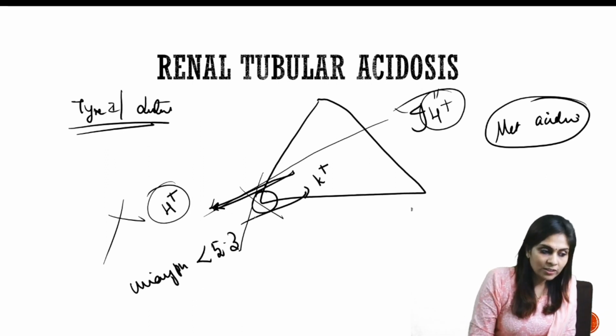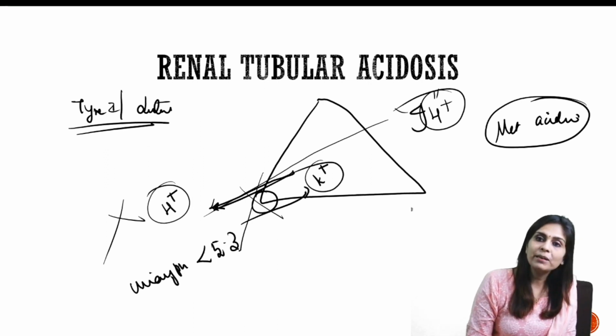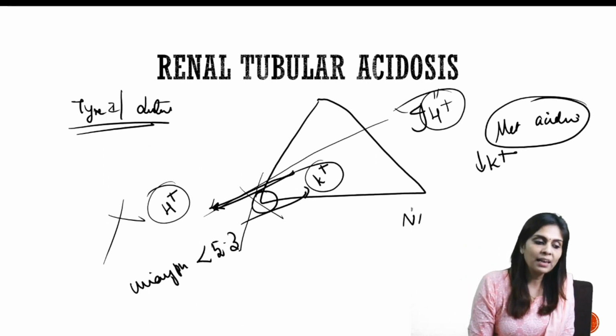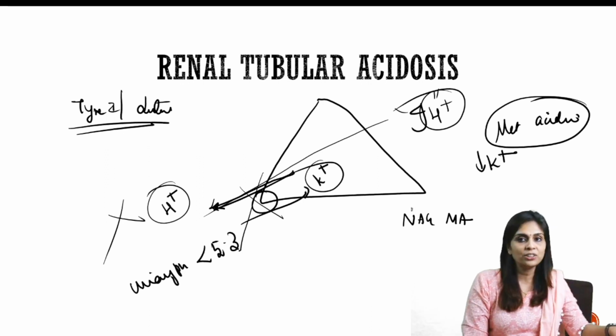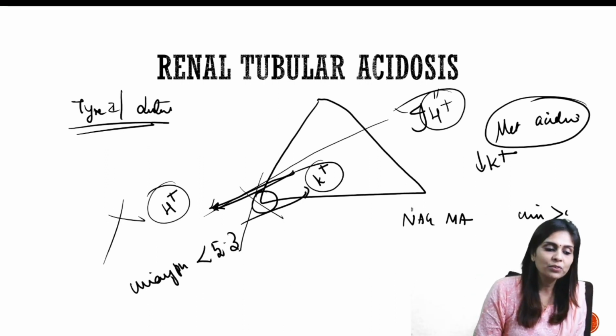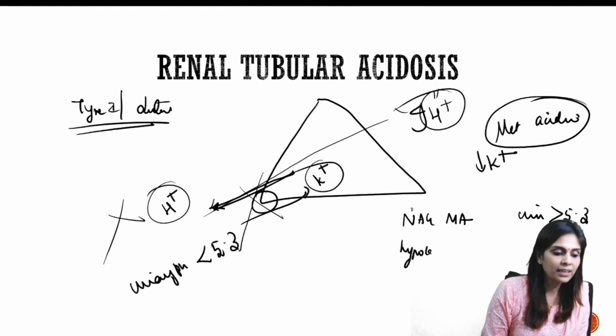Okay, and also because there is a defect in the reclamation of potassium, potassium concentration falls. So the summary is, you find a normal anion gap metabolic acidosis because there is no H plus secretion into the urine. And disproportionately, urinary pH will be more than 5.3, and you will find hypokalemia.